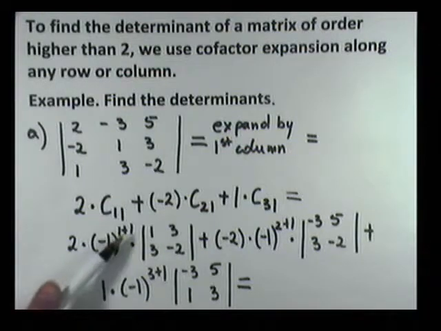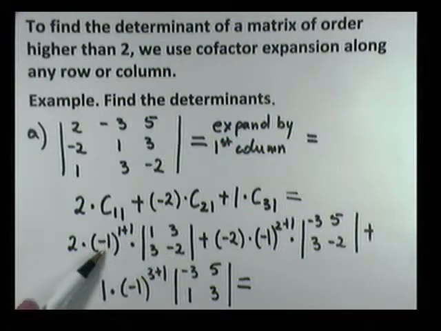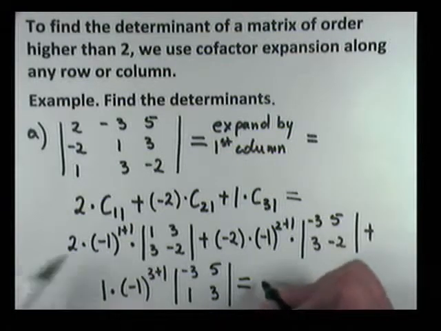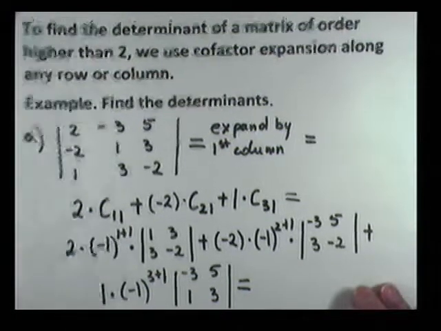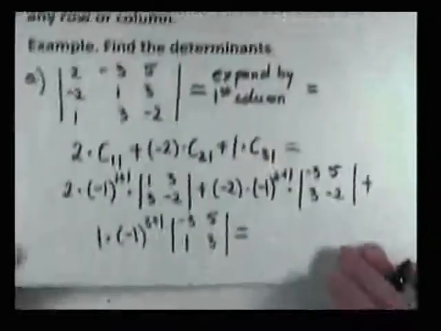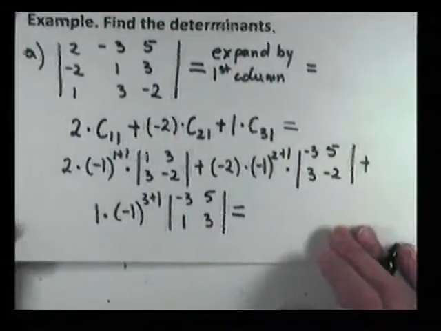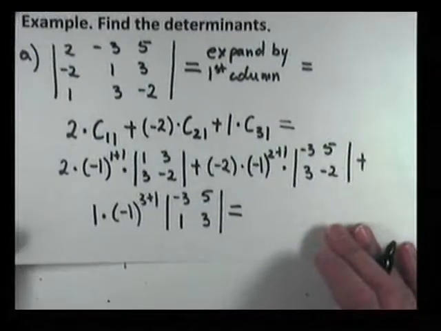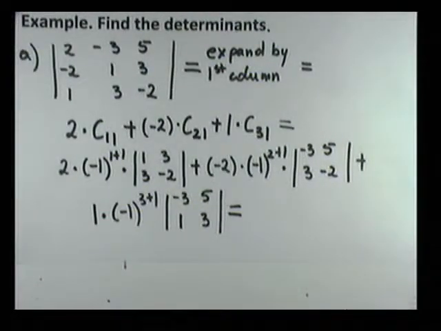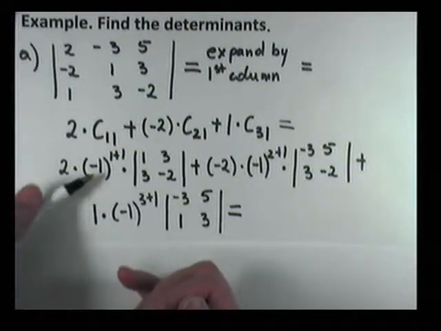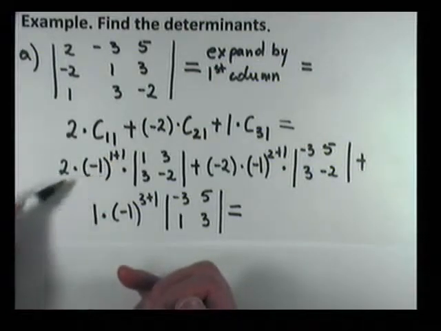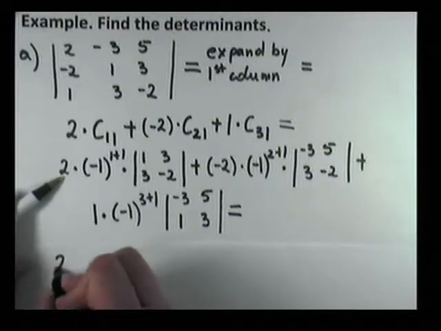So minus 1 to the power 2 is just positive 1, so we have just 2. I will maybe use a new paper. From this one we have minus 1 squared, which is positive 1, times 2 is just 2.